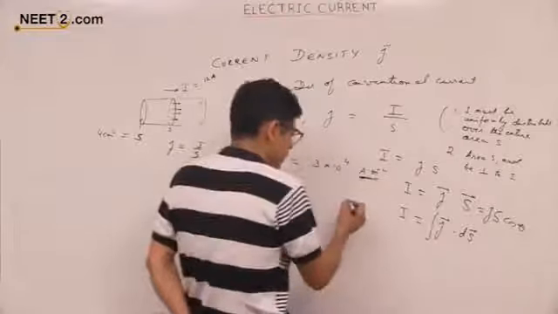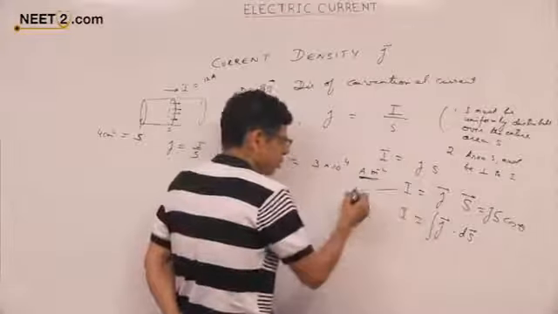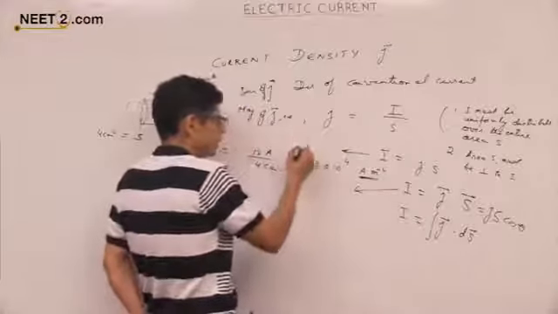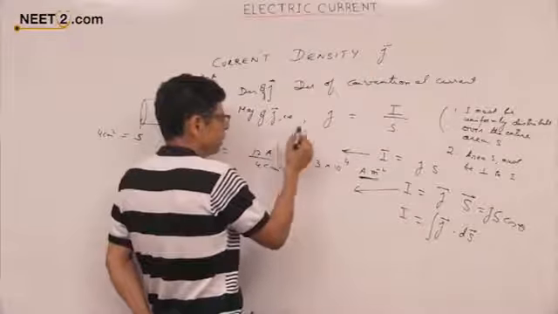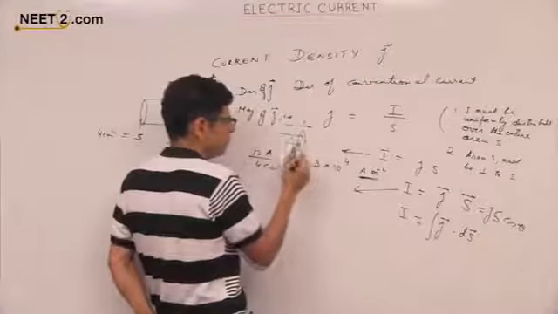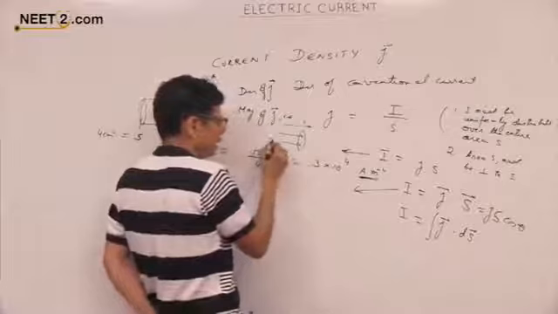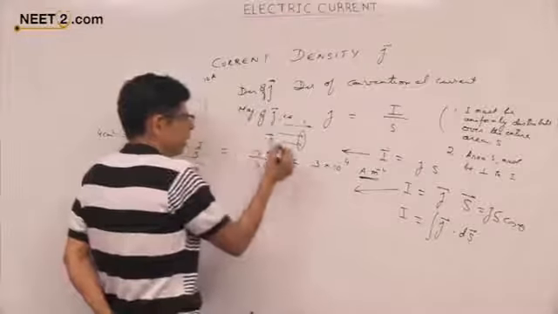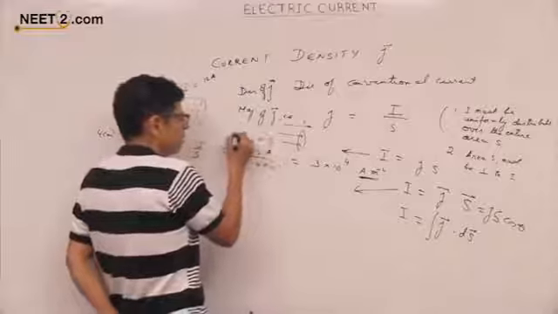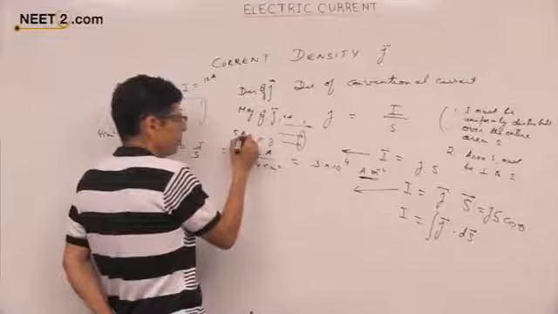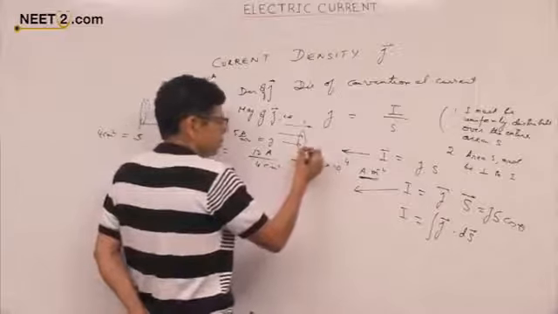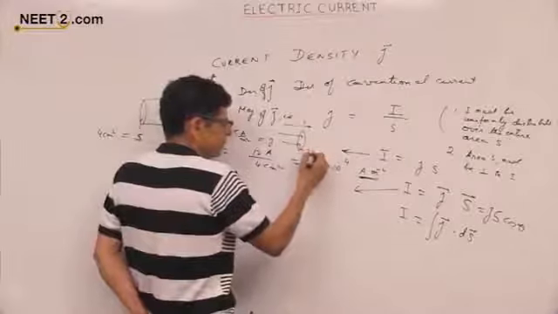The meaning of this, let's begin with this. So there is this area, and J in this location is everywhere the same and uniform, and its magnitude is 5 ampere per meter square, and the area is, say, 2 meter square.